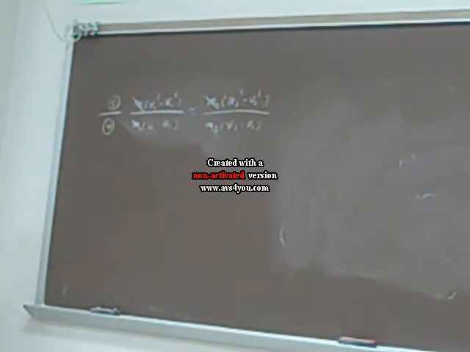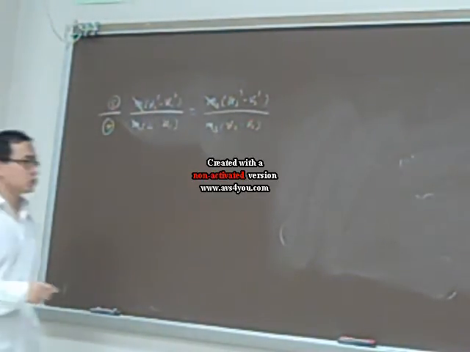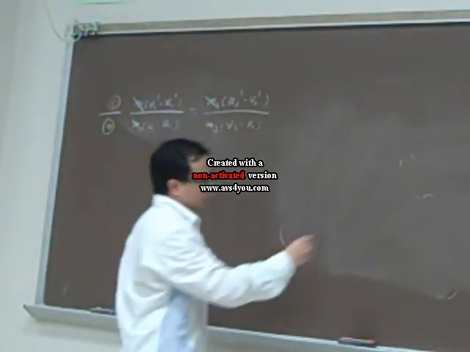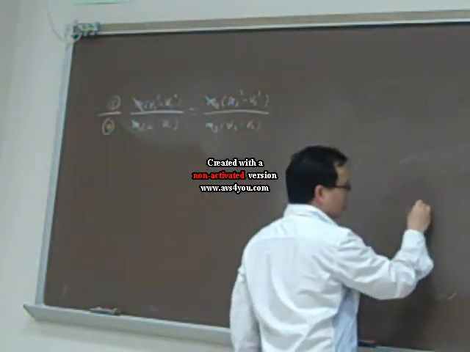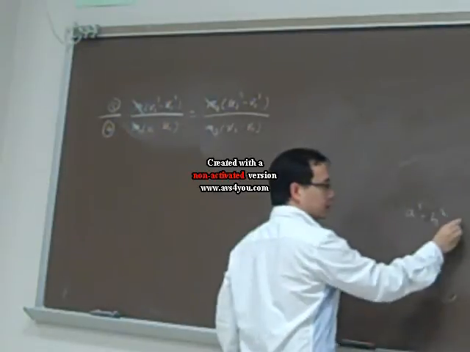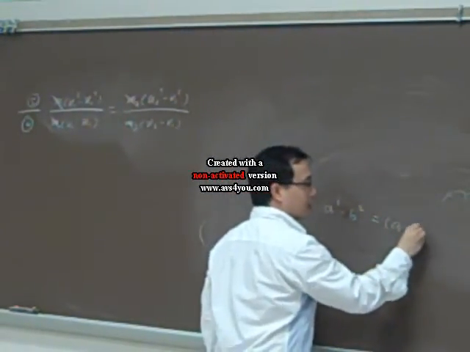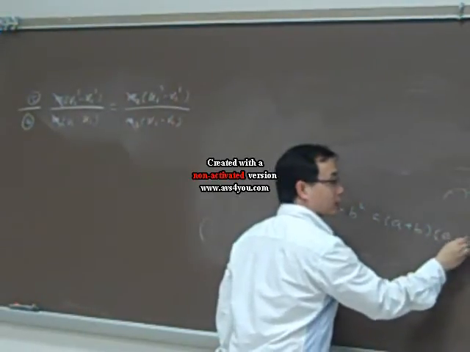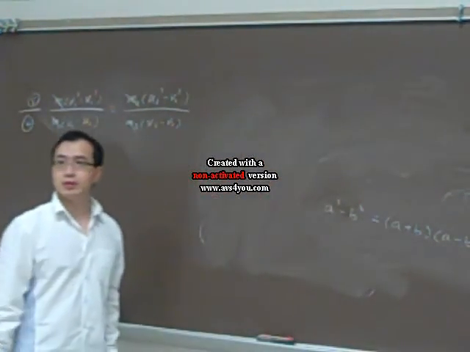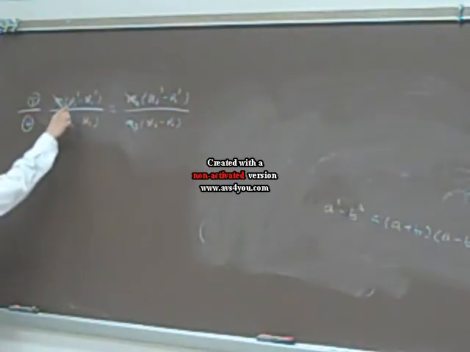So I can do some further simplification. Do you remember that if you have a squared minus b squared, this actually equals a plus b multiplied by a minus b, right? Okay? And so you can expand this.